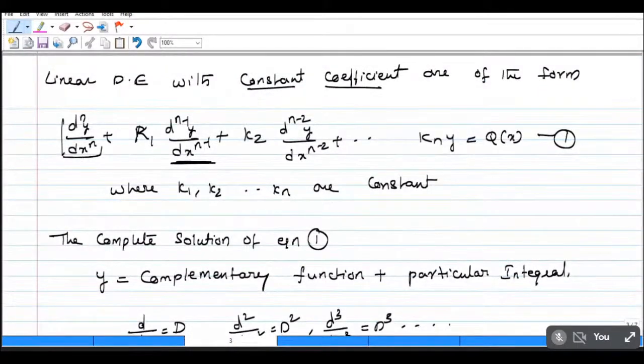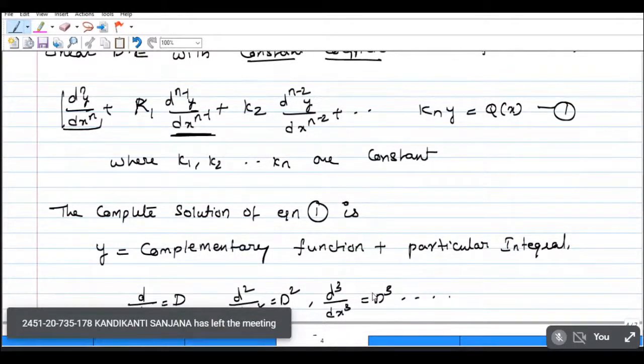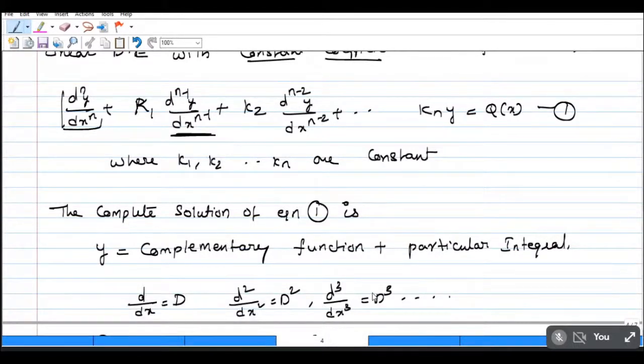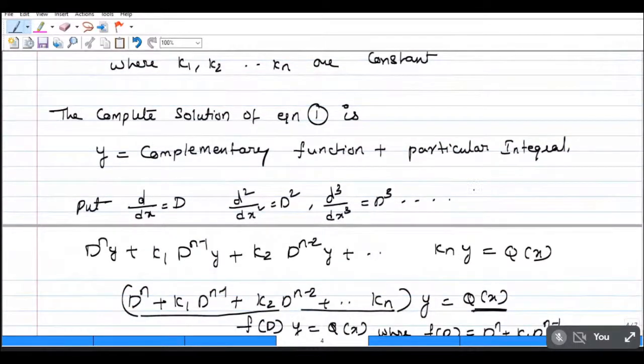Write down: the complete solution of equation 1 is y equal to complementary function plus particular integral. So put d by dx equal to capital D, d square by dx square equal to capital D square, d cube by dx cube equal to capital D cube, and so on in equation 1.